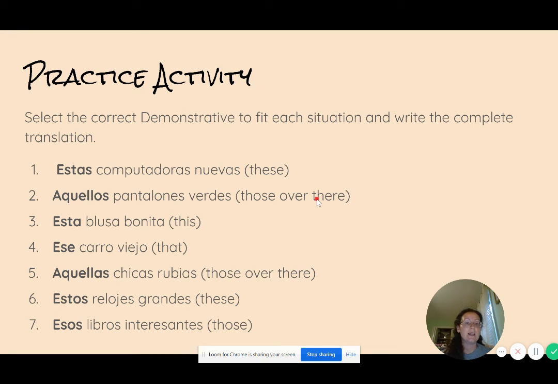Número 2. Aquellos pantalones verdes. Those green pants, like over there, far away. Número 3. Esta blusa bonita. This beautiful blouse. Or this beautiful shirt.